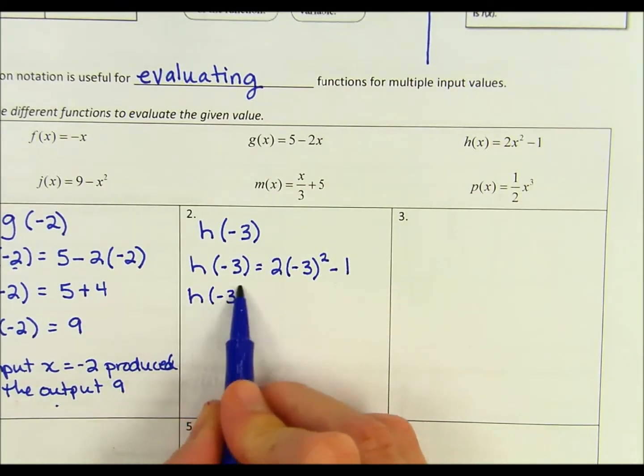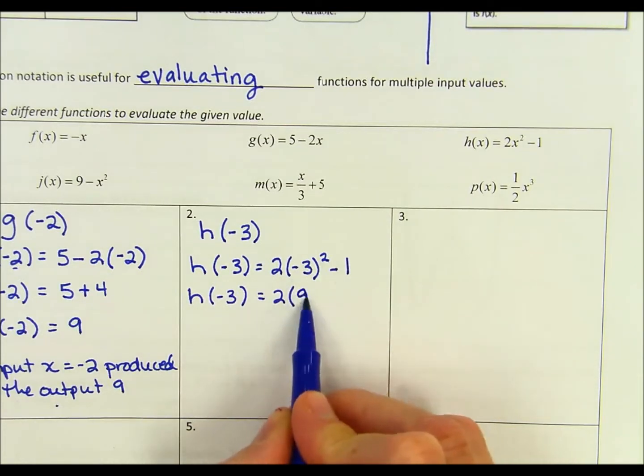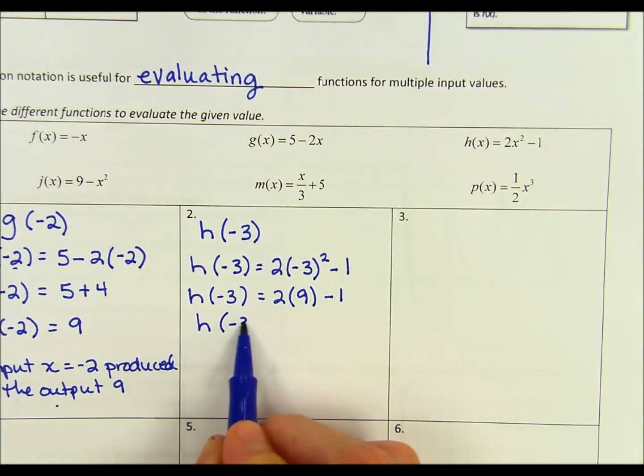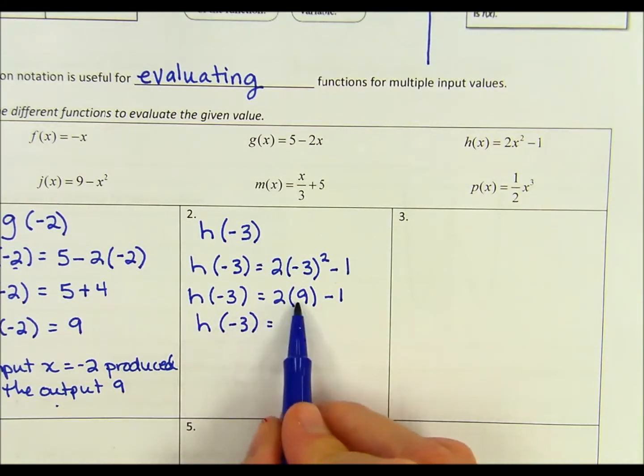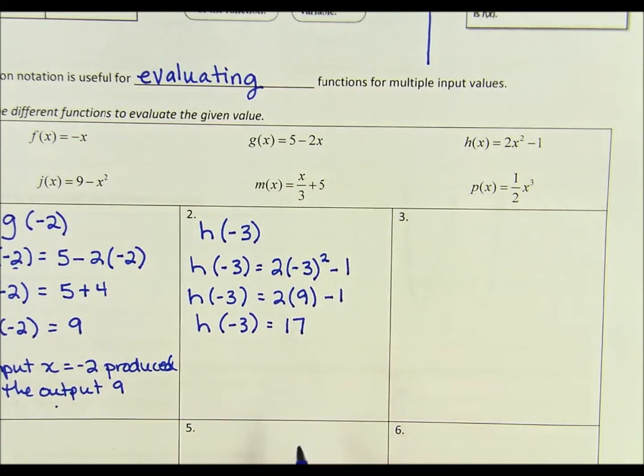H of negative 3 is 2 times positive 9 minus 1. So h of negative 3 will give me 18 minus 1 for a 17. Now remember the notation. The function h was evaluated at negative 3. It produced the output of 17.